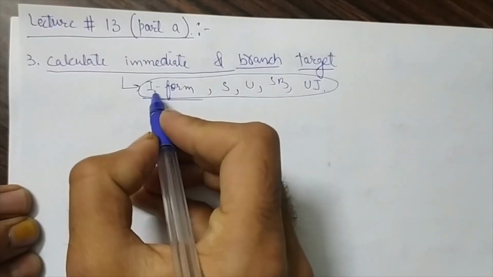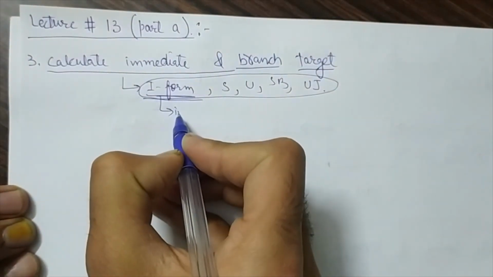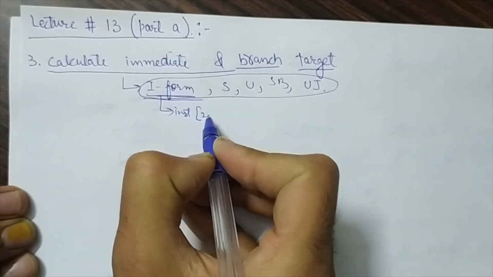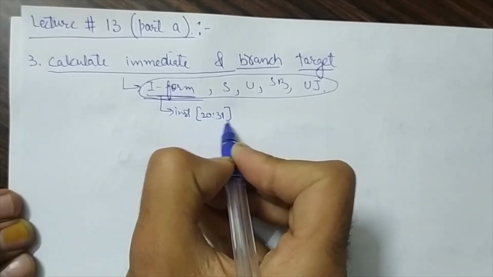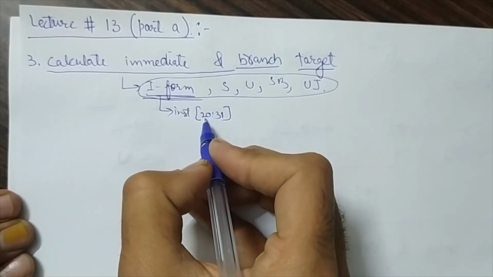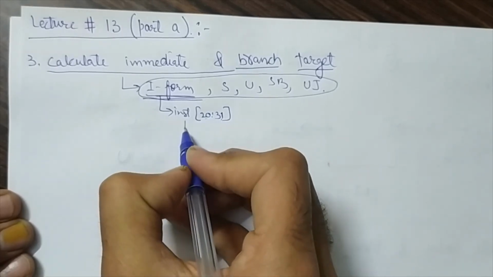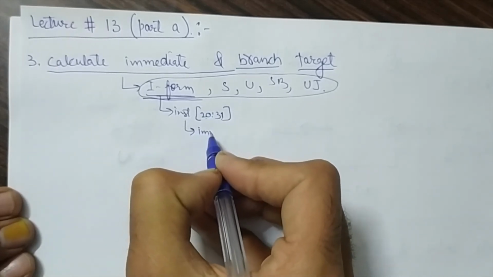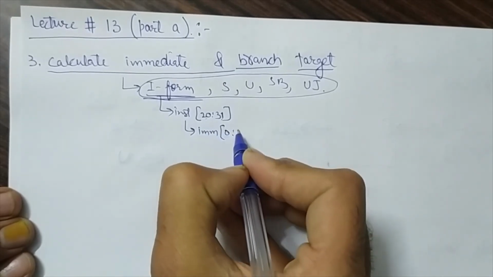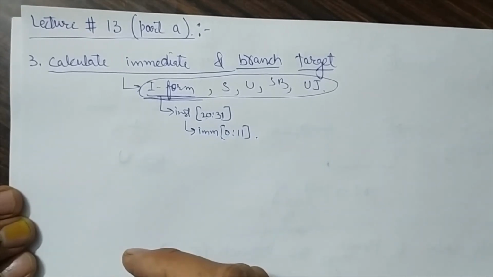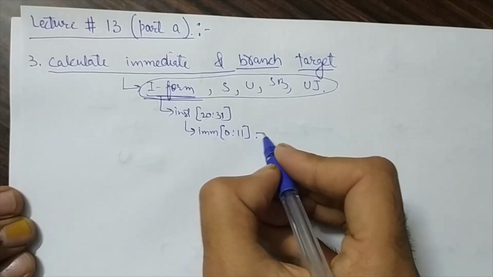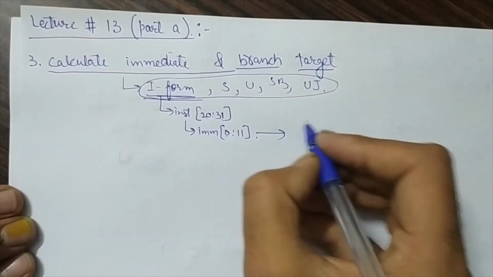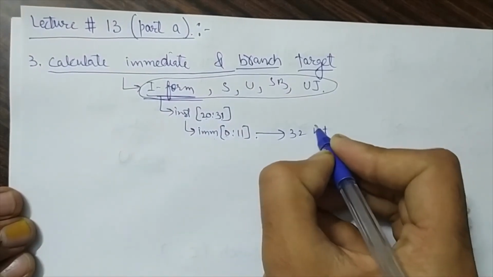So for I format instructions, the bits from 20 to 31 of the instruction represent the immediate bits 0 to 11. Then we have to convert these 12 bits into a 32-bit immediate.